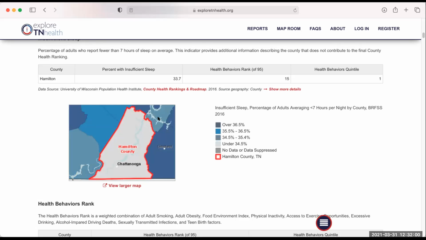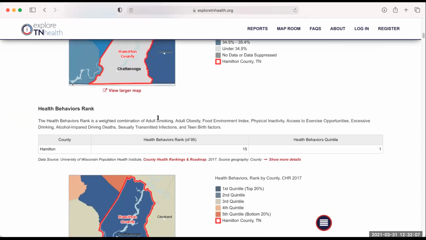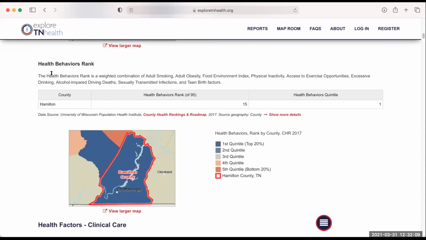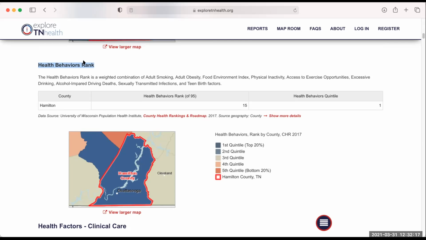I'm actually surprised to see that our sleep measure is as low as it is, but hey. And then sometimes there are combined measures, where multiple measures are combined to come up with a score, and then that is used to get an idea of how healthy people are compared to their neighbors.